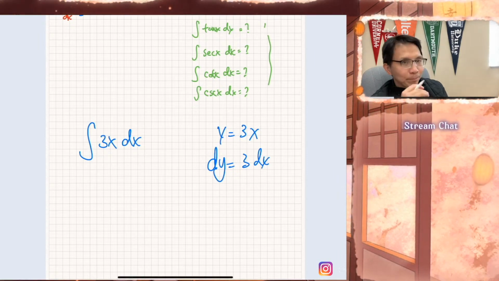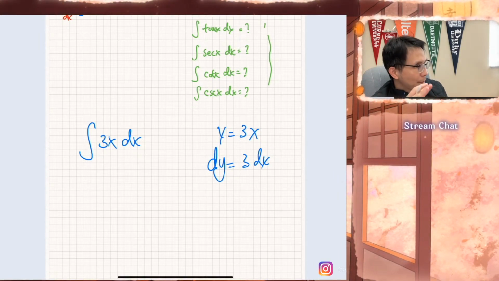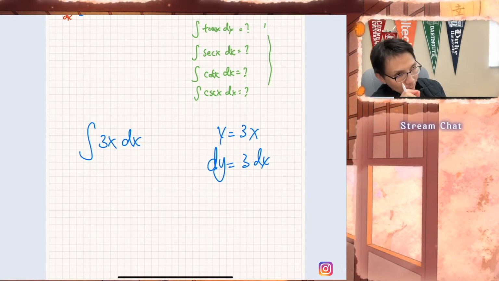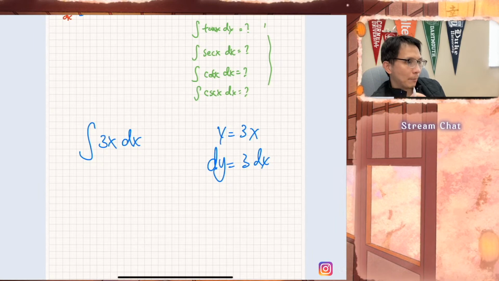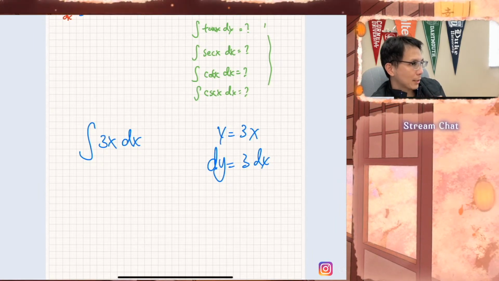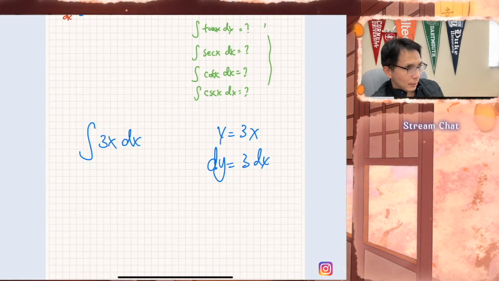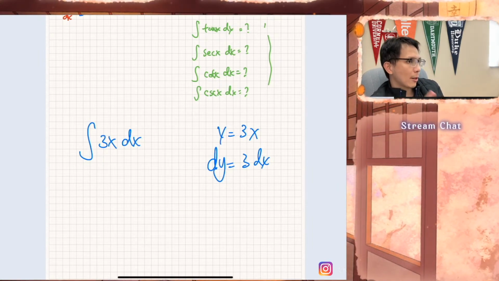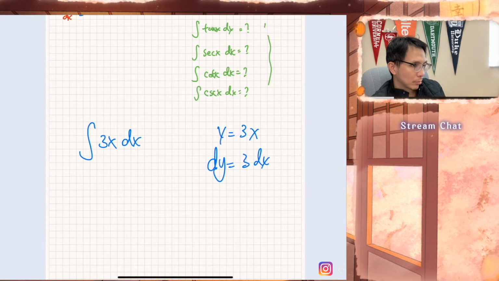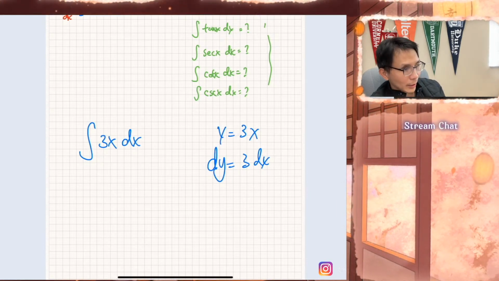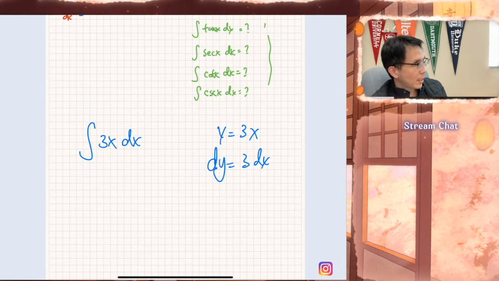So just take it for granted. The dx is actually a small change or increment of x. Later on, we're going to talk about the significance of it. So right now, don't worry about it. You never have integration without a dx. It's always just kind of there.